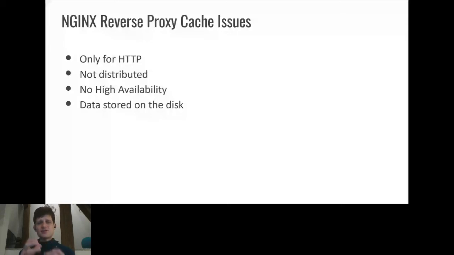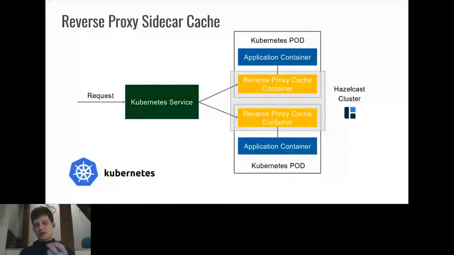We combine the idea of sidecar and the idea of reverse proxy caching, and that is the diagram we ended up with. A request goes to the Kubernetes service. It's load balanced to one of the Kubernetes pods.